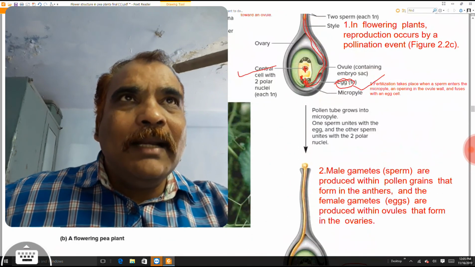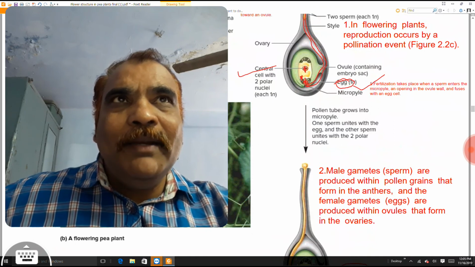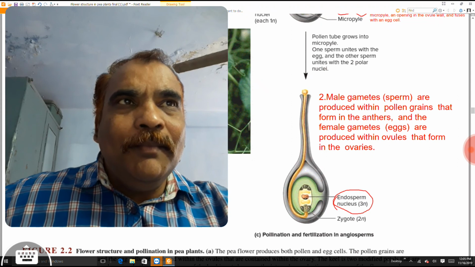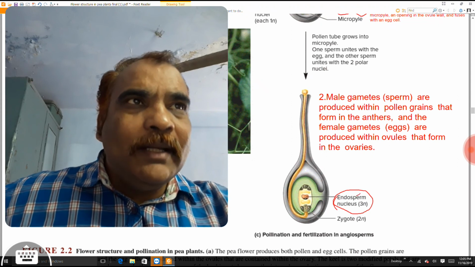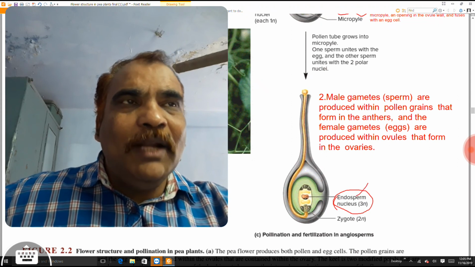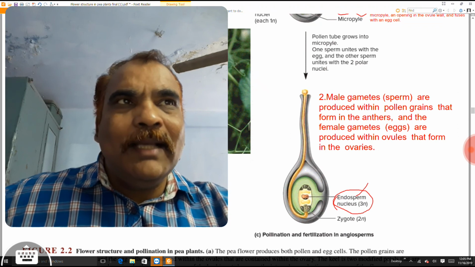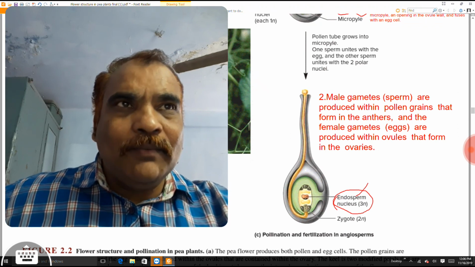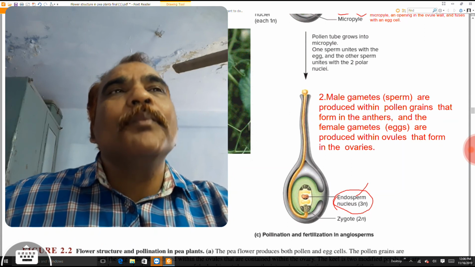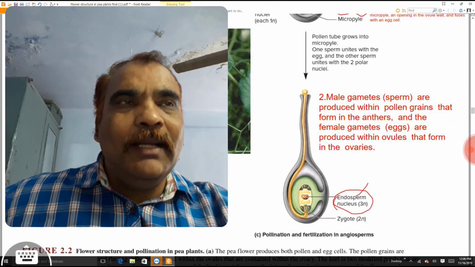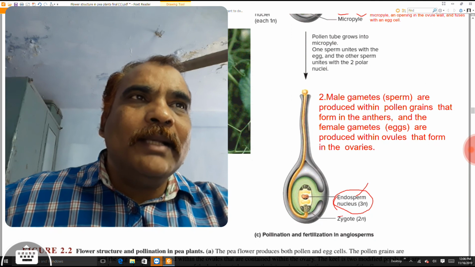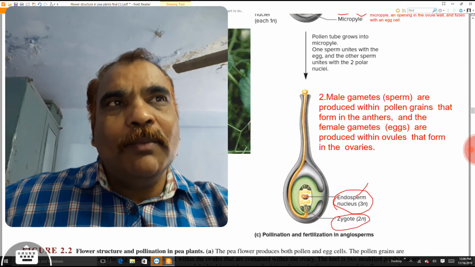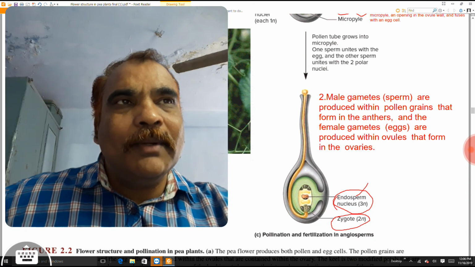So the central cell, which had two polar nuclei, after fertilization with the sperm is known as the endosperm nucleus, and this cell now has three sets of chromosomes. The egg cell, fused with the sperm cell, now forms the zygote, which has a diploid set of chromosomes. Two sets of chromosomes are present in the zygote.